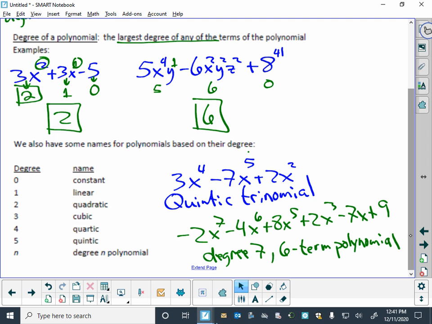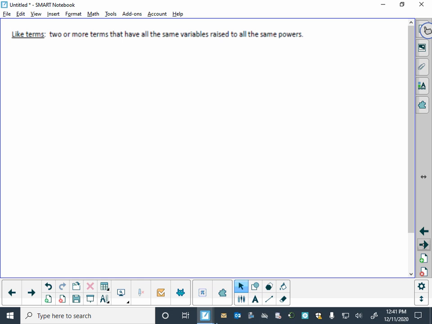So we name polynomials by their degree and by their number of terms. Finally, like terms are any two or more terms that all have the same variables raised to the same powers.